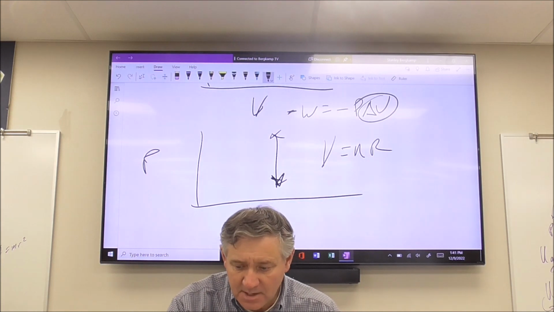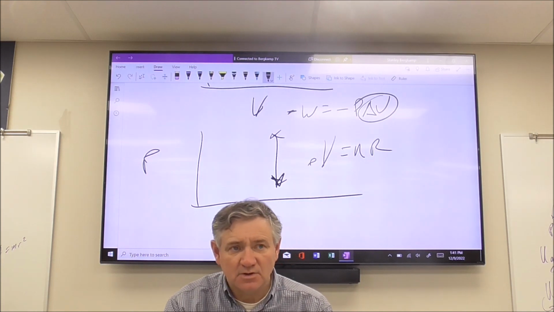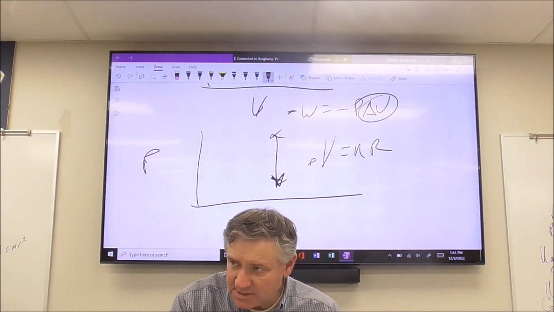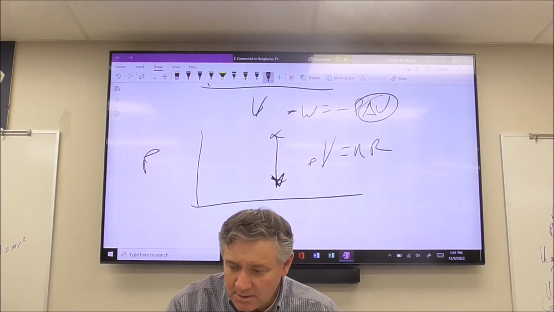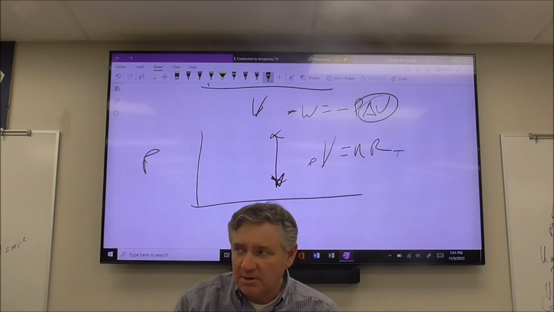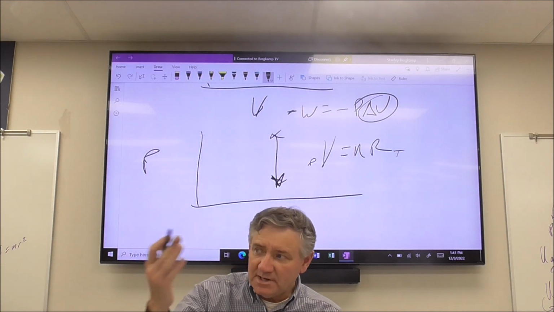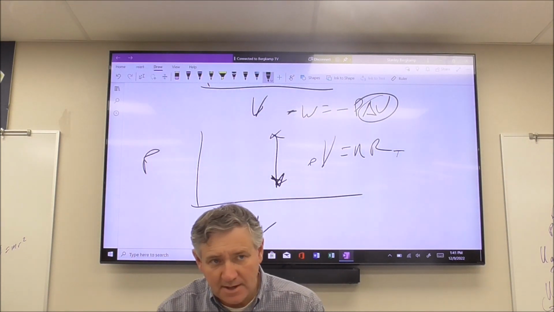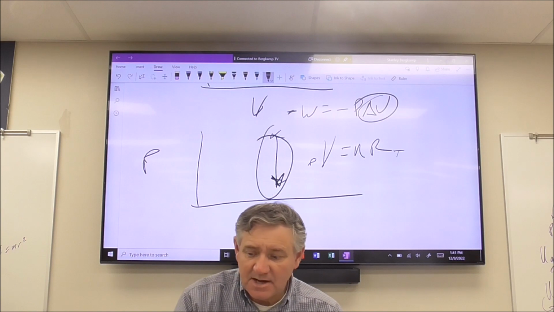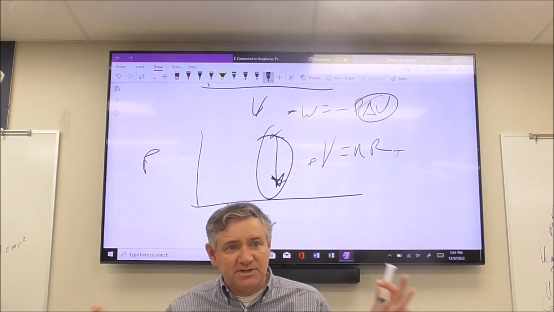It's going to become smaller. So to balance this, what has to happen to the temperature? It has to be smaller. To make this happen, would I put it in an ice bath or a hot water bath? Ice bath. In an ice bath, I'm going to have energy flowing out of this.